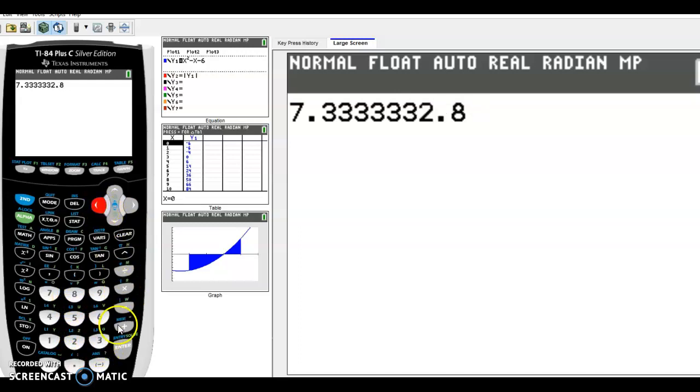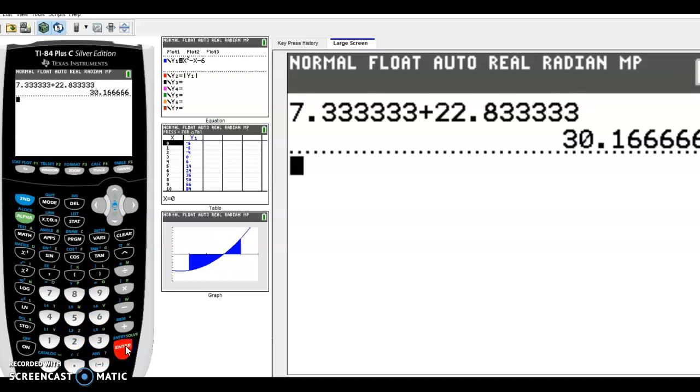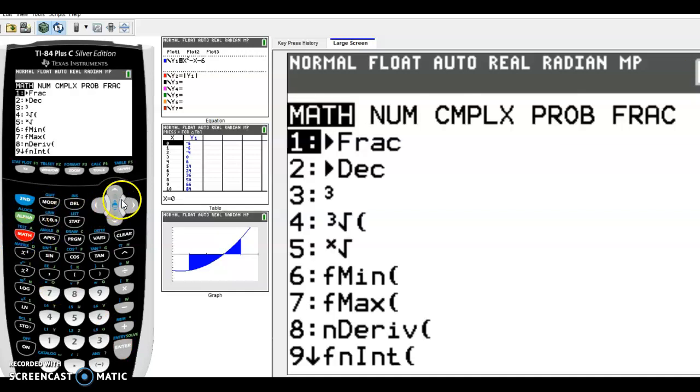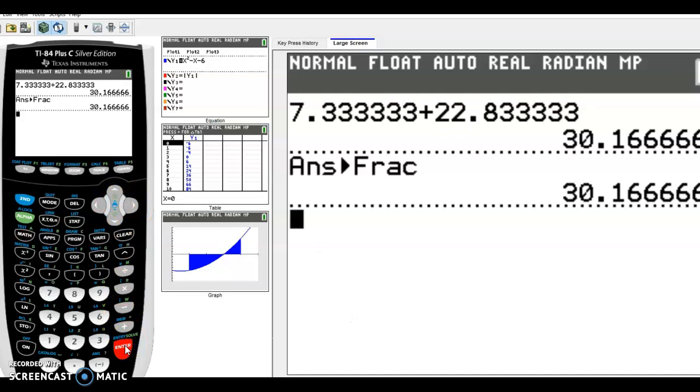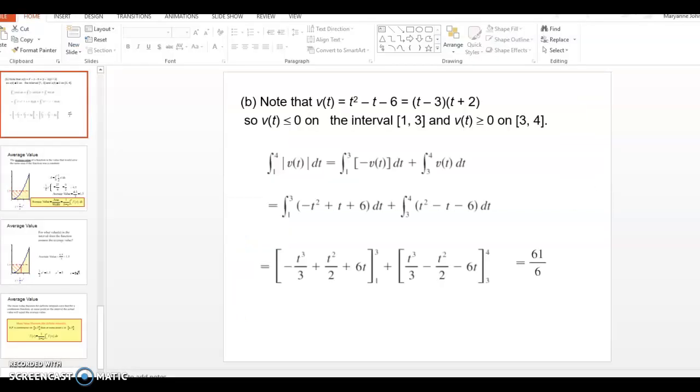I want to add these together. And I got this. Now, if we change this to a fraction, it won't let me change it to a fraction, but before on our PowerPoint, we got 61/6.